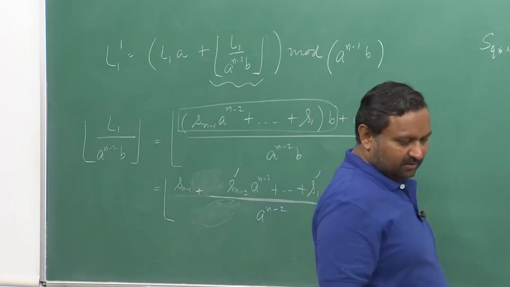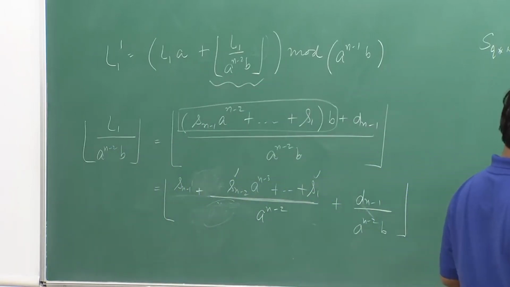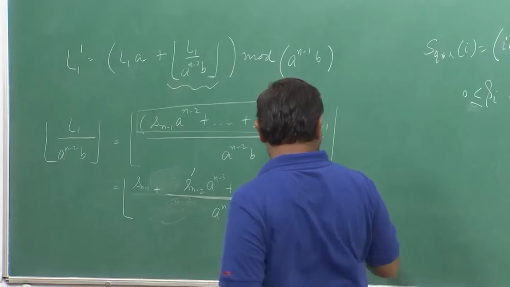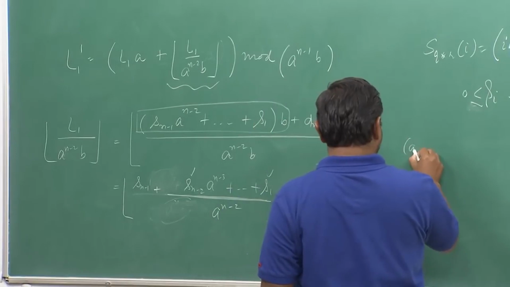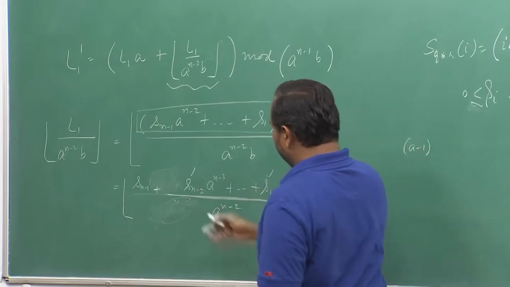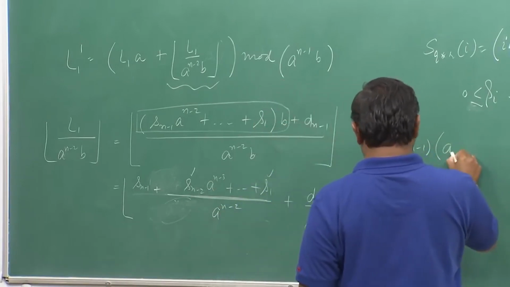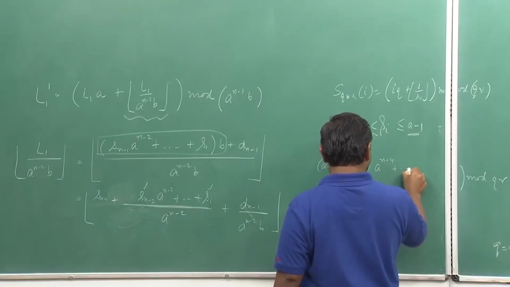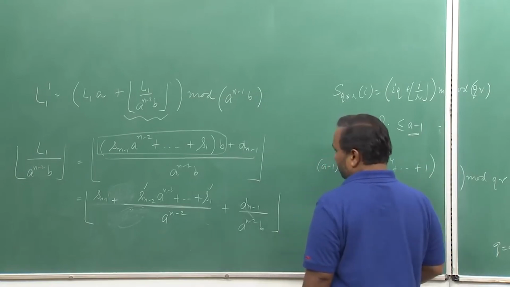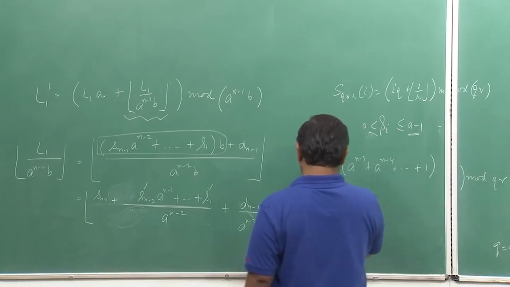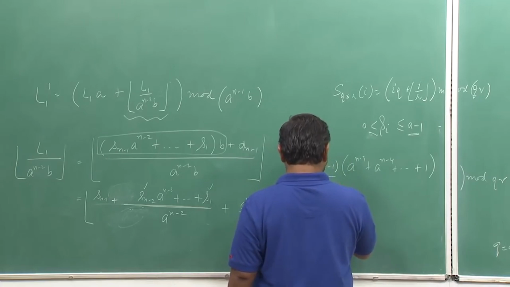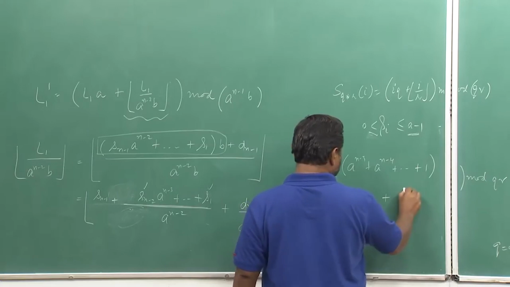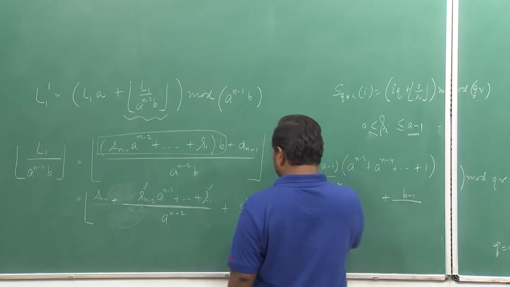So, on computation, for this part we will have a minus 1 which will come out as it is, times a raised power n minus 3 plus a raised power n minus 4 plus ... plus 1, divided by a raised power n minus 2, plus b minus 1 which is the largest value here.